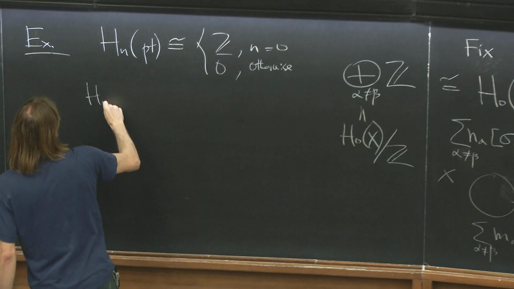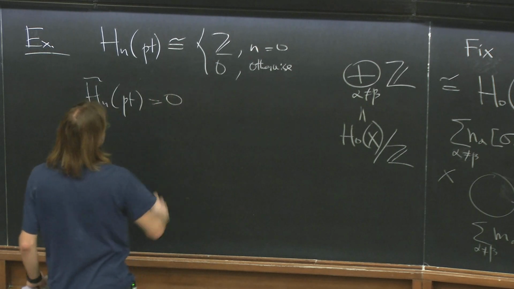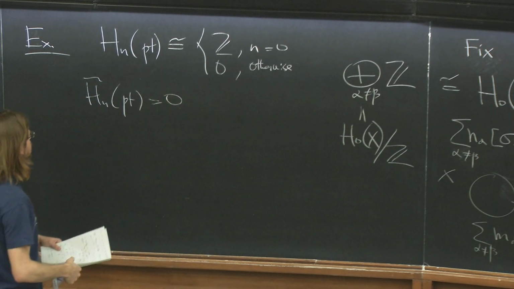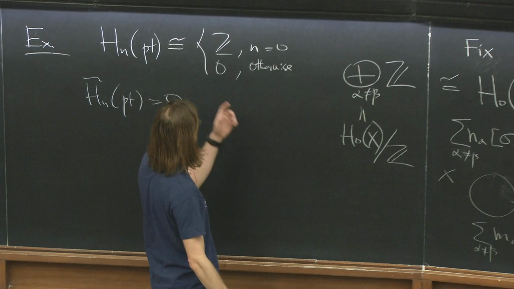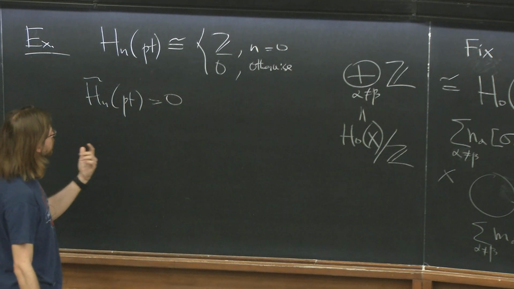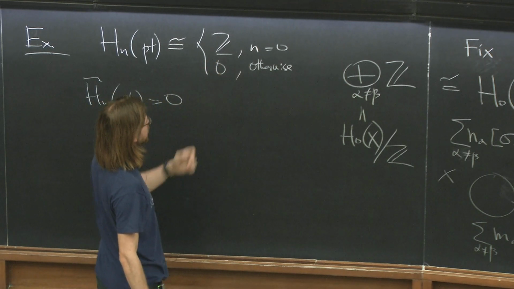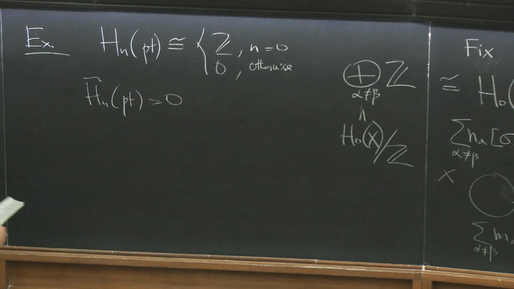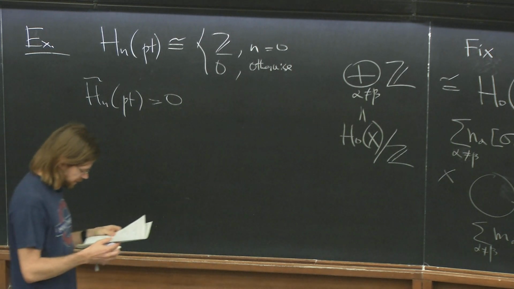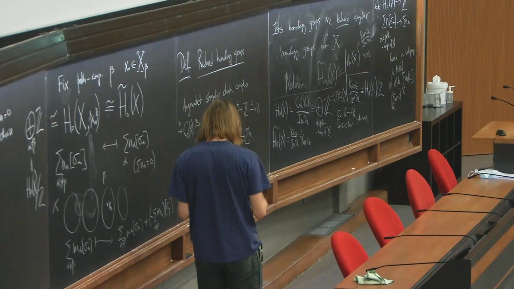The reduced homology group of a point is just 0 everywhere. The difference between reduced and unreduced homology groups is that you just remove a copy of Z at degree 0, and you don't do anything else. Pretty mild modification. Any questions?